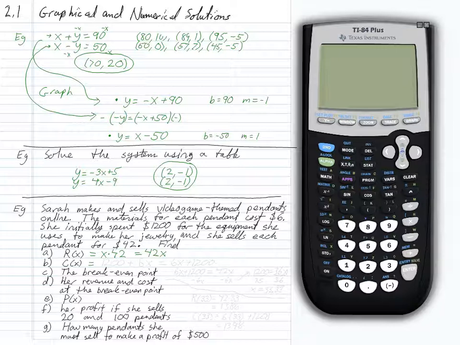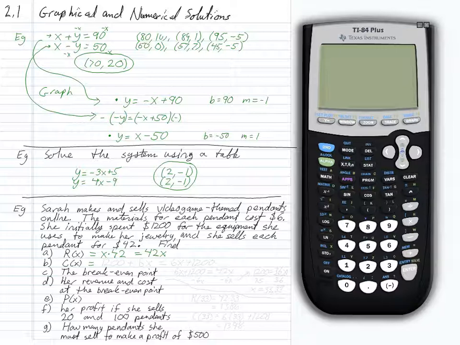Now the cost function is not quite as simple. The cost depends both on how much it costs her to start her business, which we would call an initial or a fixed cost, and on top of that she has to pay for the materials for whatever she's producing.